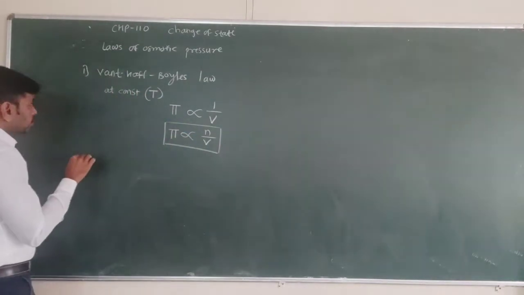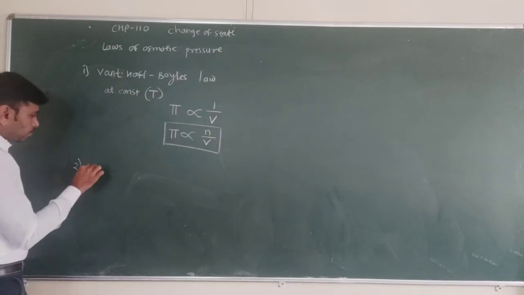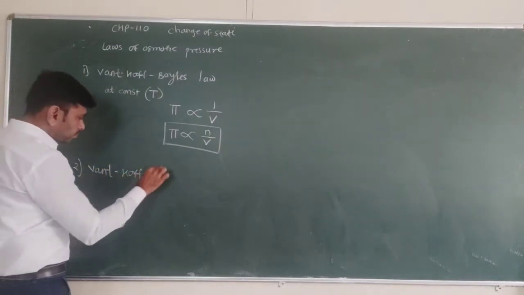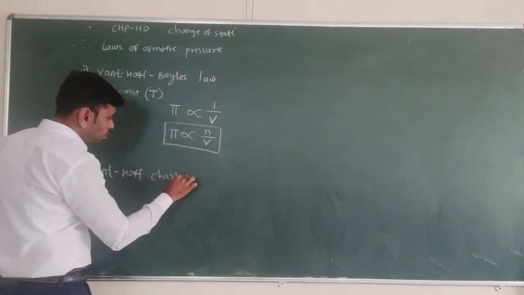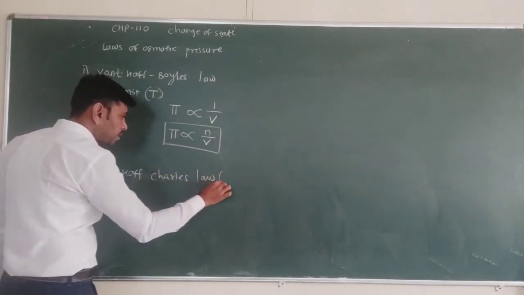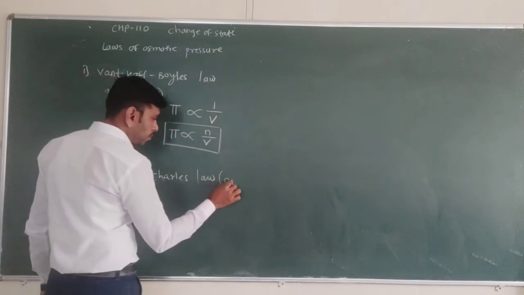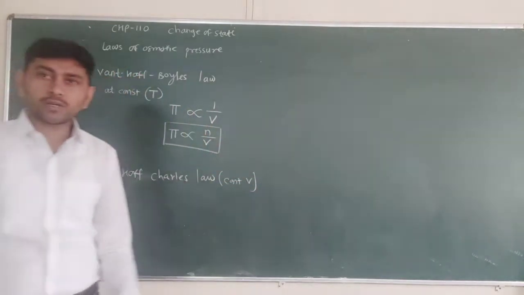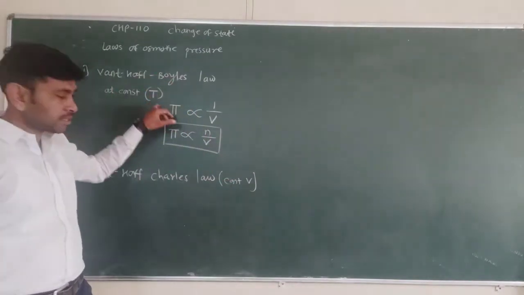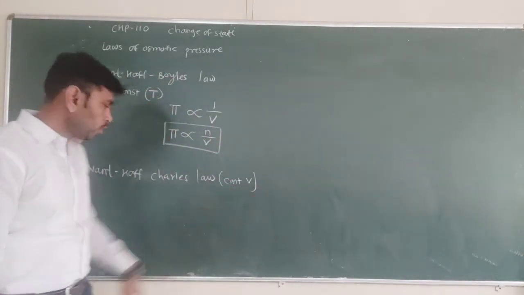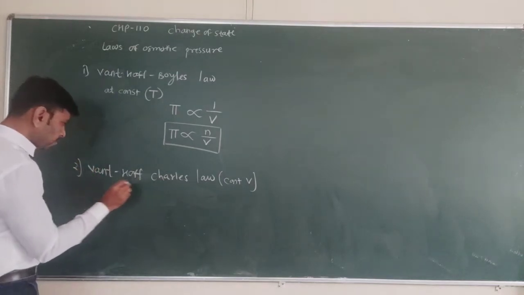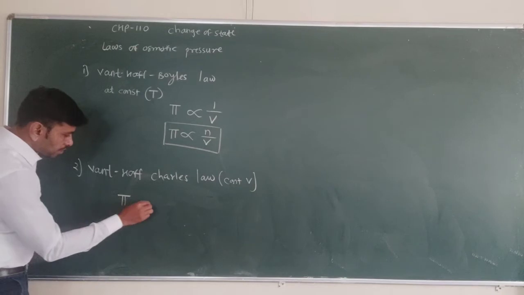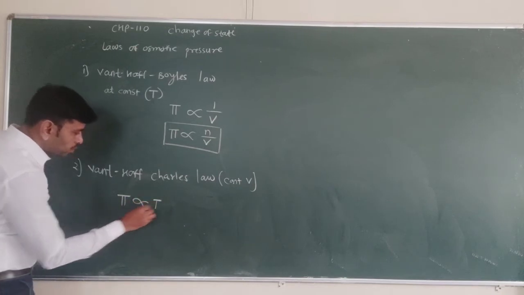See the second law, that is Van 't Hoff Charles law. Boyle's law is at constant temperature, and this law is at constant volume. So at constant volume, osmotic pressure is directly proportional to temperature.